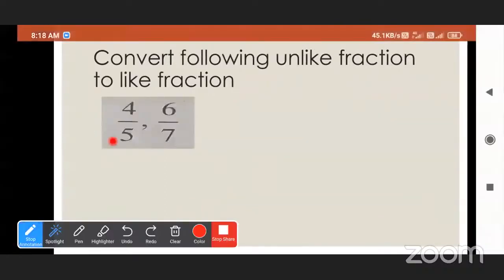Now this is for you. You have to convert this fraction into like fractions. So what do we have to do? Multiply. Multiplied by which number? 4 multiplied by 7, and 5 multiplied by 7.